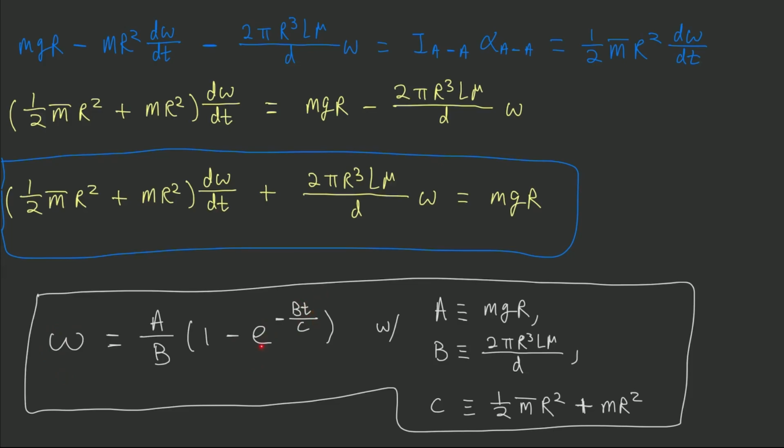At infinite time, you have e to the negative infinity, or 1 over e to the infinity, or 0, and this difference is maximized at 1, and you have a steady state velocity of A over B, which is just mgr over 2 pi r cubed L mu over d. So that is the steady state velocity of the system. You'll also notice that our time constant for the system is C over B.